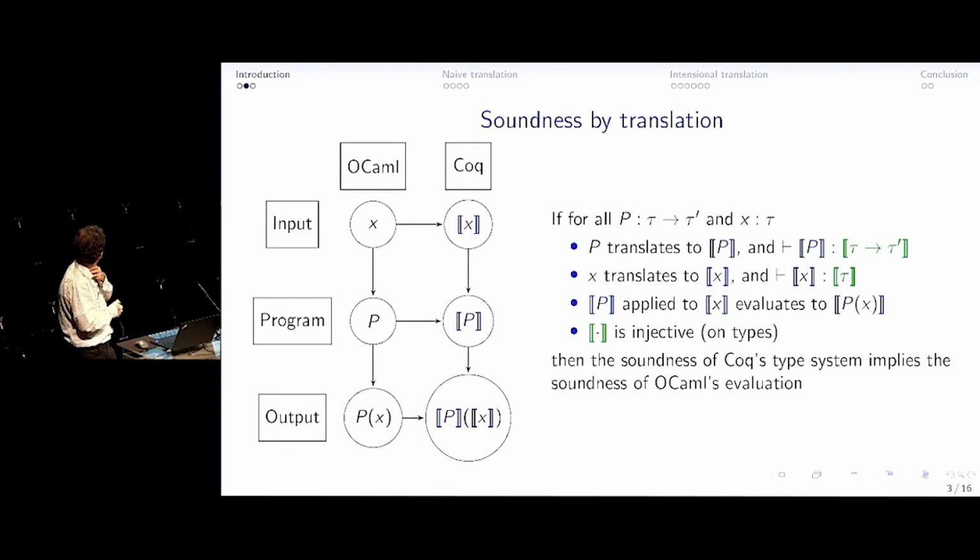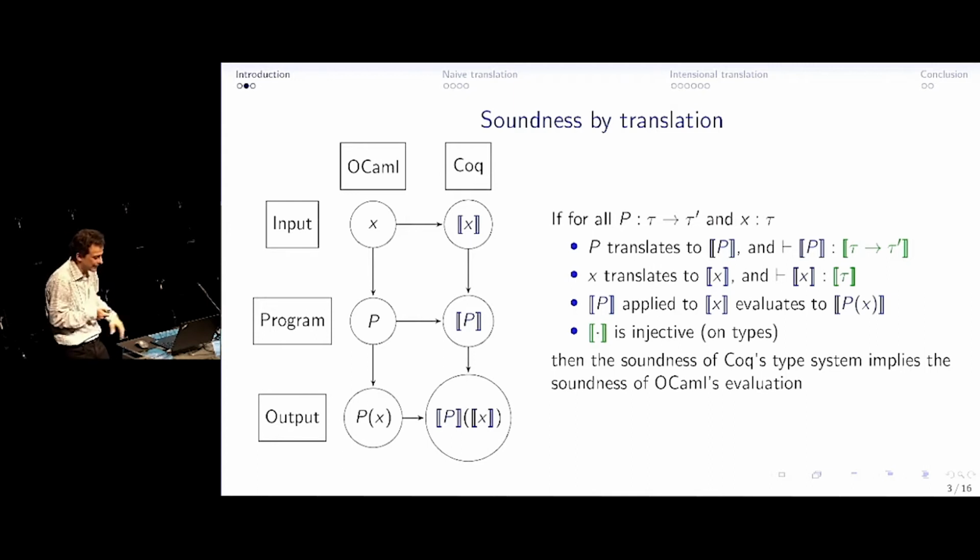You translate your program from OCaml to Coq. If in OCaml you can reduce it, in Coq you can also reduce it, and you want a way to translate that and enforce reductions. So if your translation is injective on types, and if reduction commutes between the two, it means that basically subject reduction for Coq should imply soundness on the OCaml side for individual programs.